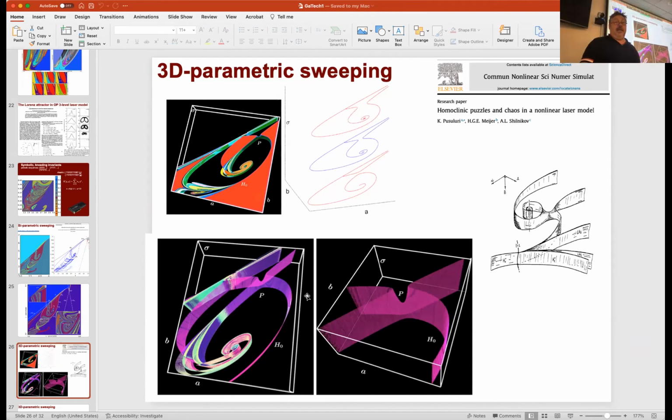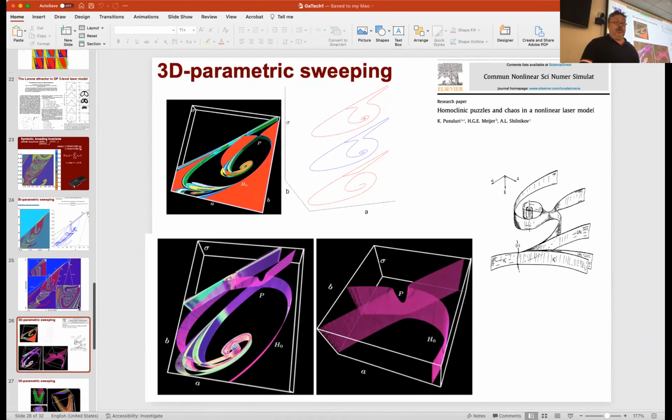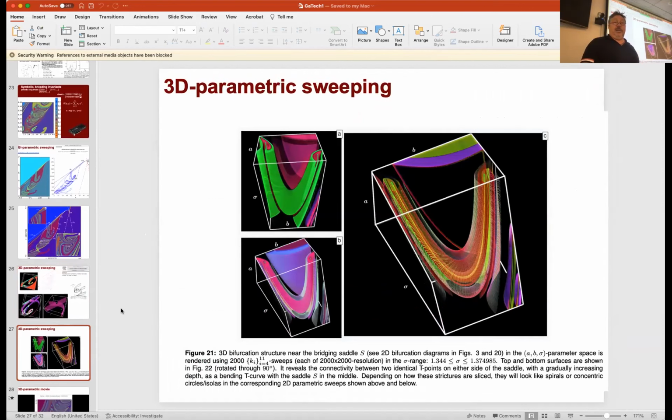He created this saddle in a three-dimensional parameter space of that nonlinear optics model, which means the GPU simulations are so fast, if you're skilled enough, and Krishna definitely is a super guru in this case. You can create bifurcation diagrams and figure out what the saddle means. It's just a hyperbolic paraboloid, and things like that.